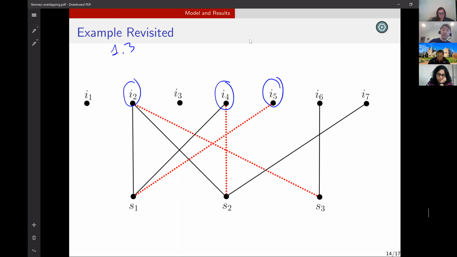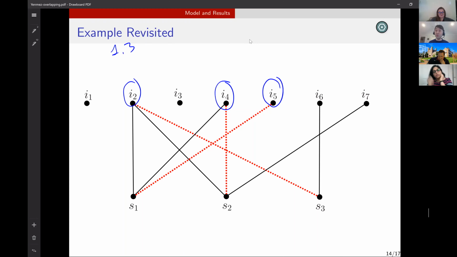If we match I2 with position 1, we won't be able to match I5 with the reserved position, so we don't do that. So we match I5 with position 1, then I4 has to be matched with position 2, and I2 has to be matched with position 3. I5 does increase the reserve utilization of the set of individuals chosen so far, and they are chosen.